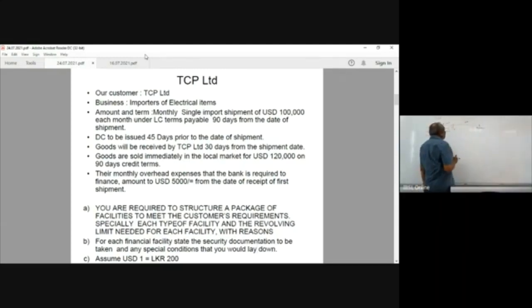To get the payment, you need 3 months. Right? That means from the time we receive the goods up to the time we receive the money, 3 months.